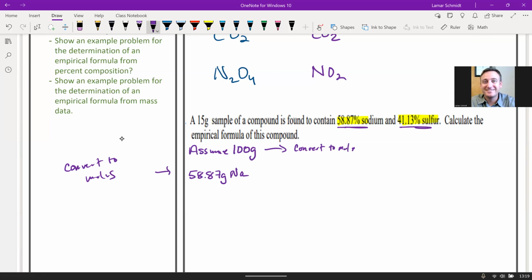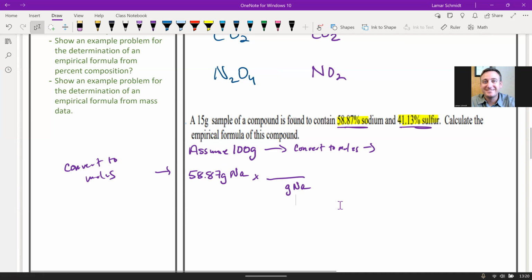These are some steps here for each substance, sodium and sulfur. So we have 58.87 grams of sodium. Do you notice that I had grams right here as the given? And then what unit did I put in the denominator? Grams, because that way that unit cancels.